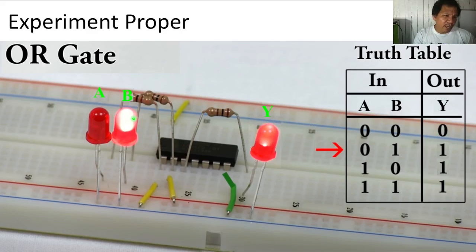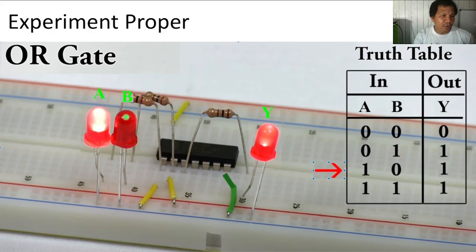Now, if one of the inputs is logic 1, just like this one, B is in logic 1, the output is 1. Now let's go to the next input. This time A is a logic 1 and B is 0. This is 1, 0, and the output is 1.